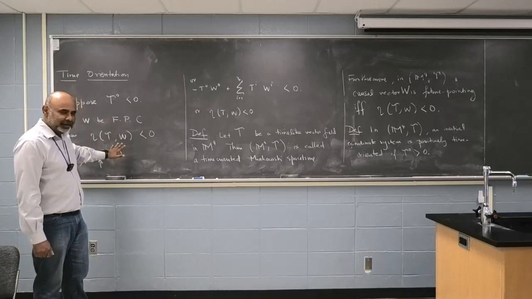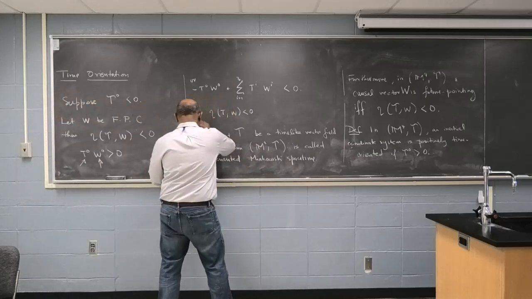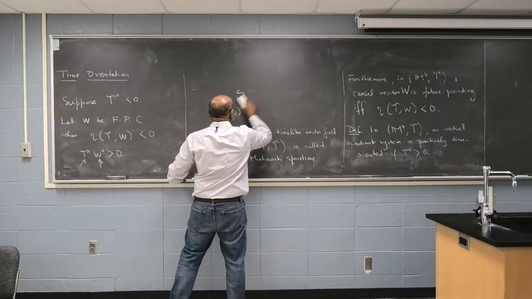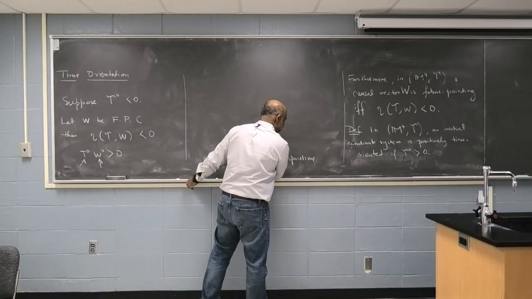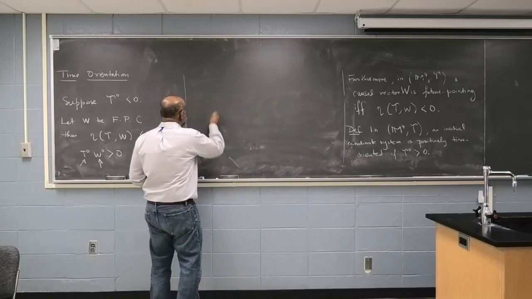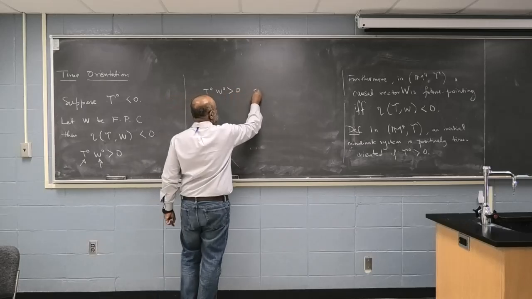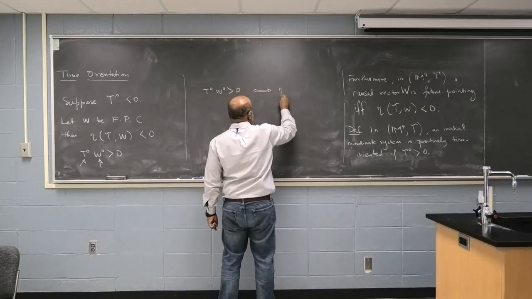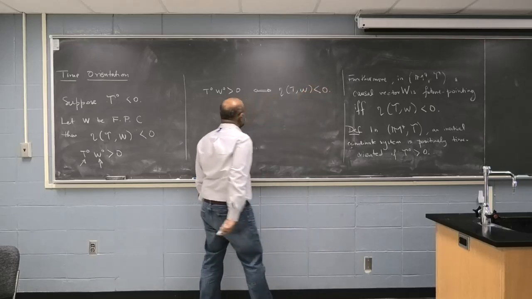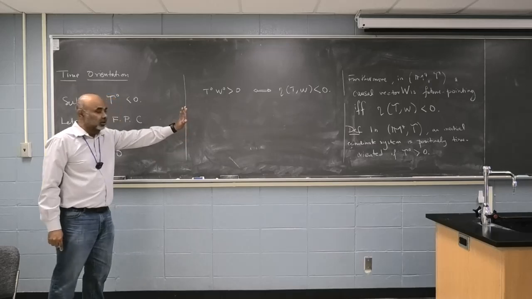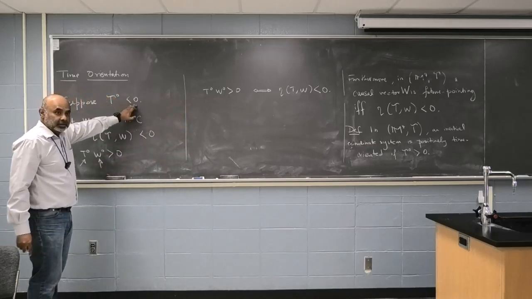Then look at the previous theorem. What I showed you in the previous result, we're using the previous theorem here. So that's what the theorem showed. Suppose this is less than 0.